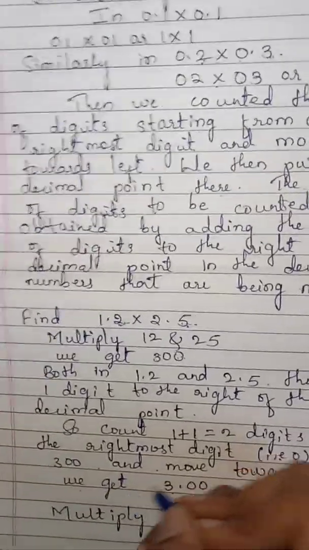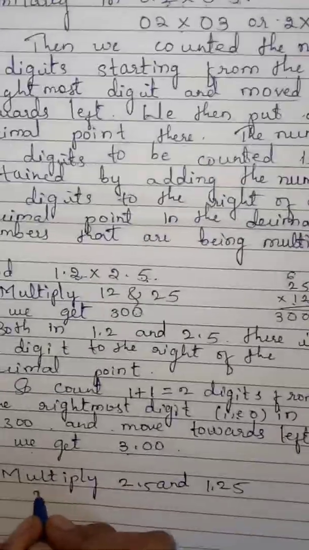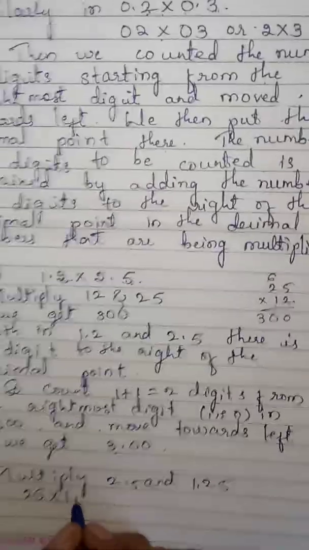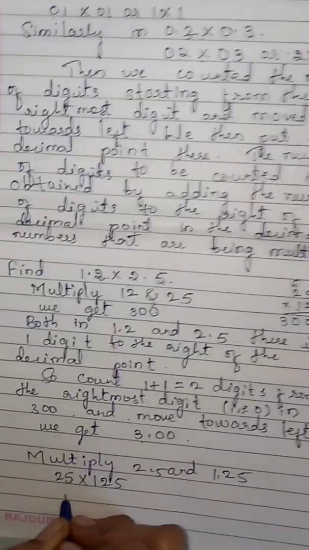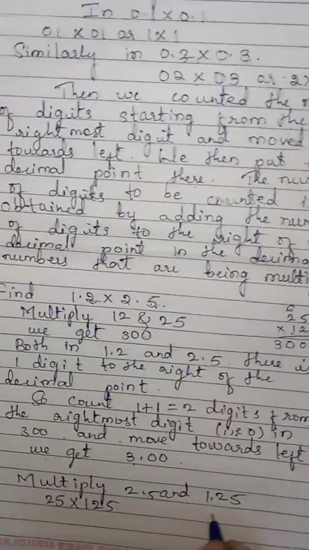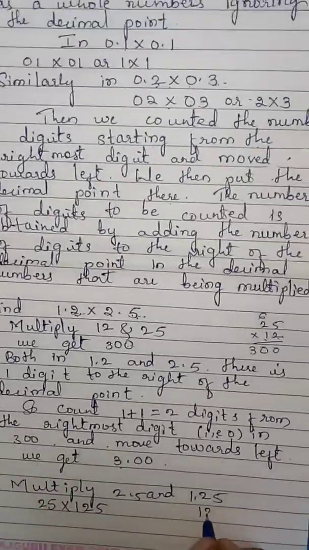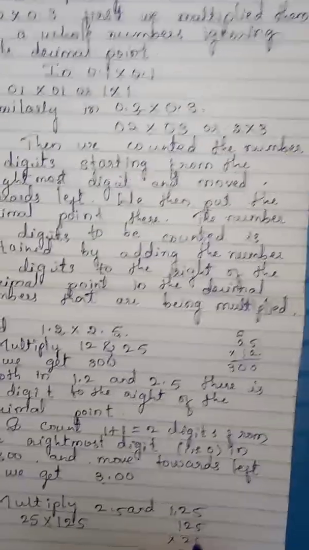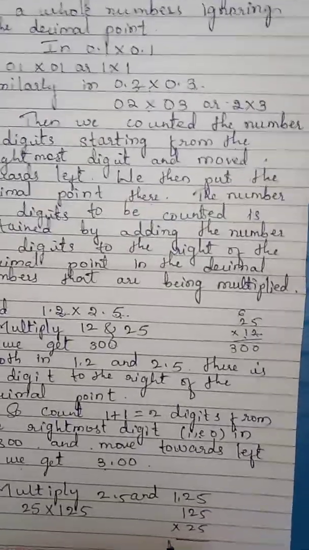Here first you ignore the decimal point here. Ignore the decimal point, means you will get here, first multiply 25 into 125. First you multiply 125 into 25. You multiply here.